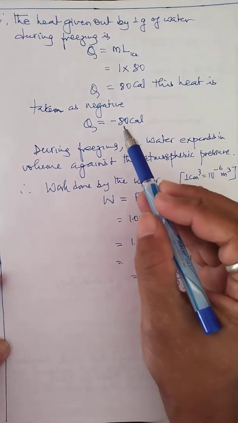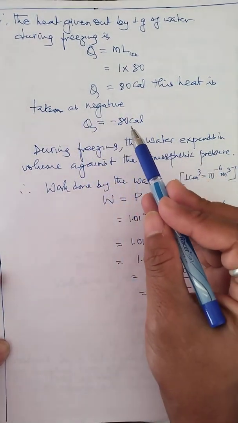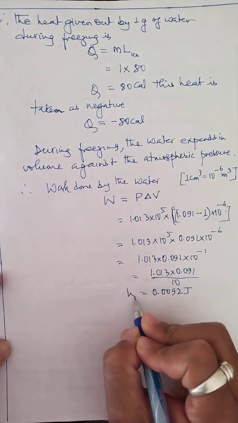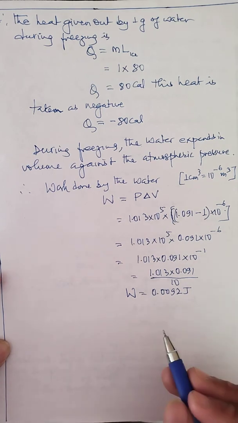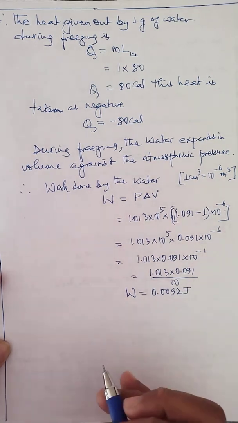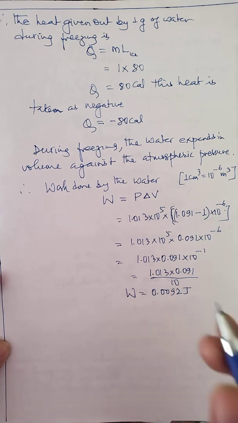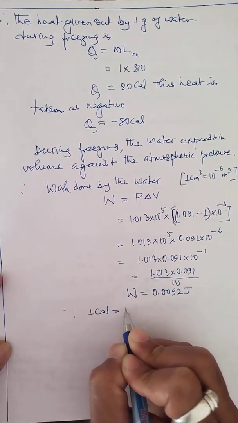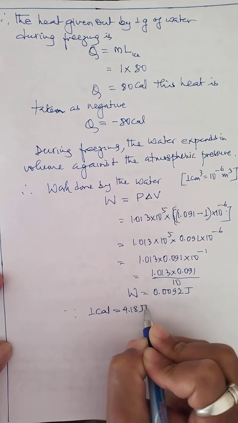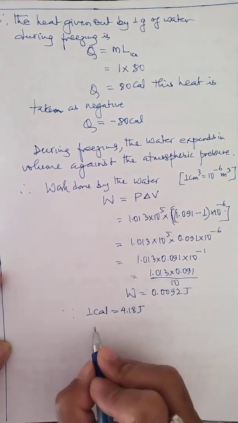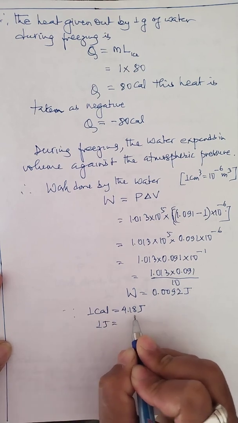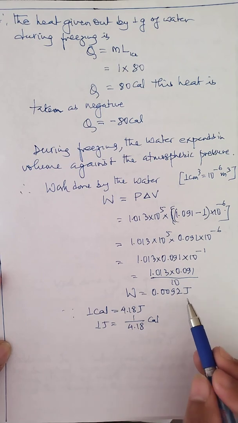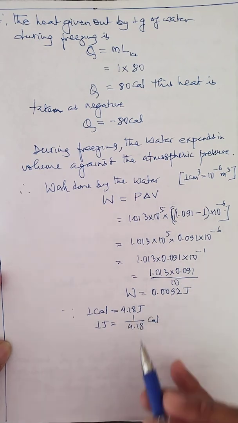But children, you know that the heat given out by water we have calculated in calorie, the CGS unit, and this work done we calculated in Joule. But we can convert work done from Joule to calorie. The relation is 1 calorie is 4.18 Joule, so 1 Joule equals 1 by 4.18 calorie. So to convert Joule into calorie, I multiply by 1 by 4.18.